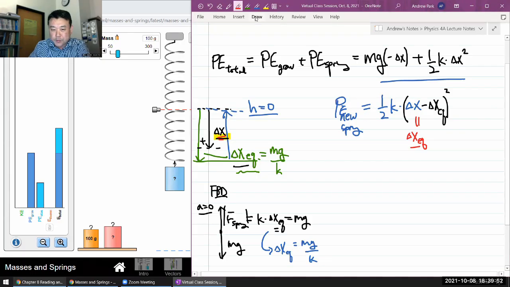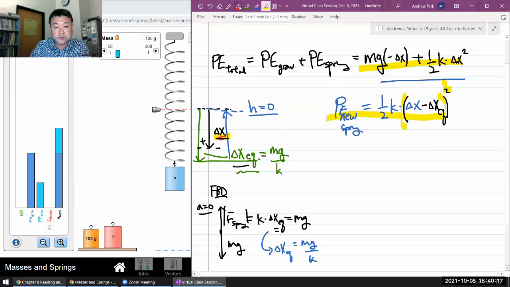So this is what I think I can show my new spring potential energy to be. Let's double check that. This is some parenthesis thing squared. So let me expand this out, compare the expression I get against this original total potential energy, and see if there are any adjustments I need to make.